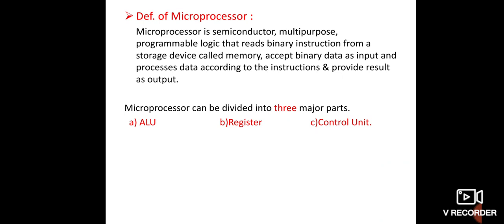Next is register. Register means to store data temporarily during execution of a program. Like in C++, to store the data, we use different variables. Means you can declare different variables to store data at the program execution time.